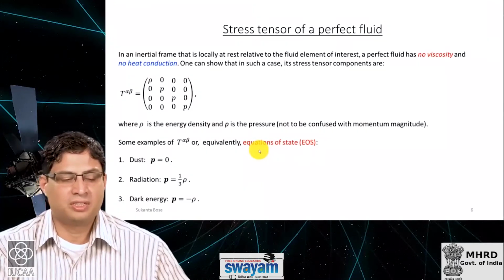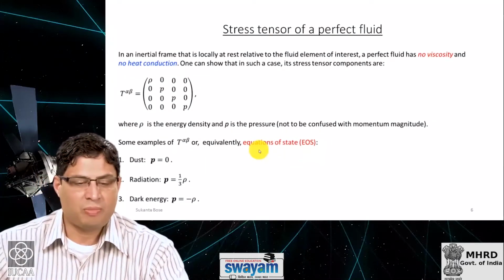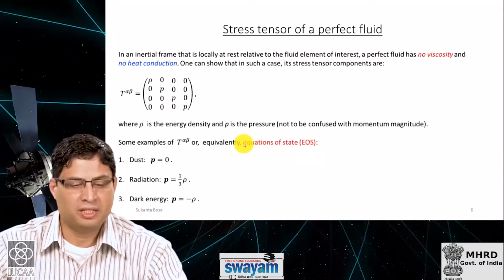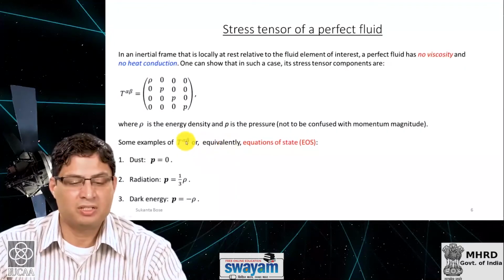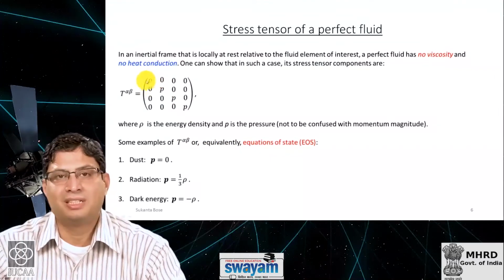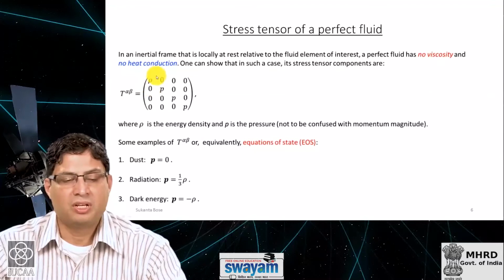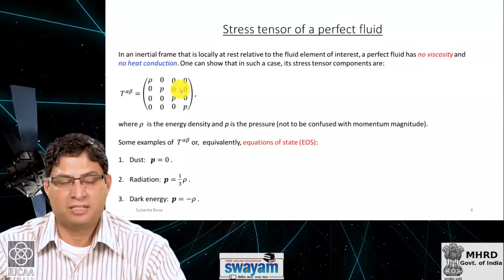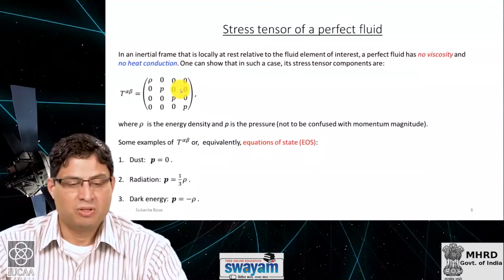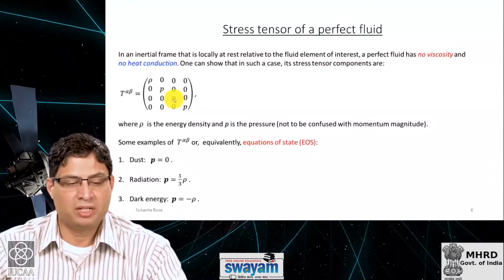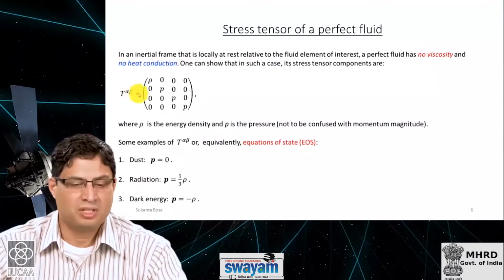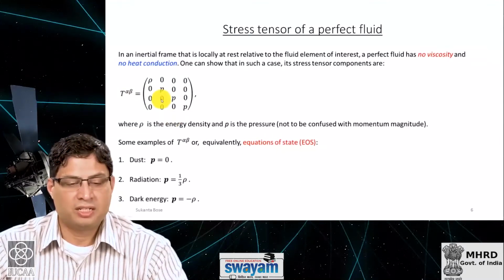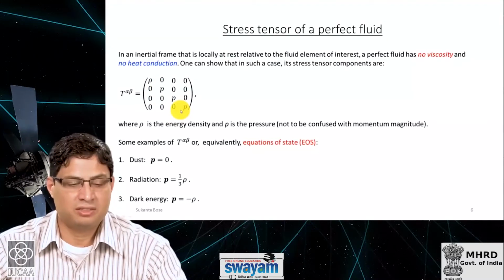So, let us go through a few examples of stress energy tensors. Since we just finished discussing dust, we realized that in the proper frame of the dust particles, the only surviving component, what we call the T0 prime 0 prime component, was the energy density. All other components of that stress tensor are 0. So, in the proper frame, and now in this case I am dropping the primes, for dust all the pressure vanishes, there is no interaction, right.